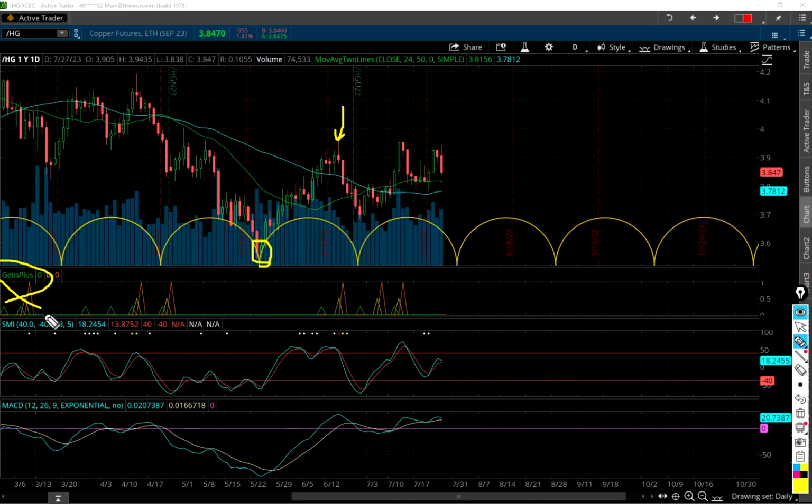In other words, whatever analysis you're doing out there, whatever you're trading, if it's not consistently reliable and repeatable, you need to toss it, because it's just distracting you. I just showed you a methodology with cycle analysis, candlesticks, the Get Us Plus indicator, and a whole lot more that's extremely reliable, over and over again. I happen to pick a product that's very cyclical. But anyway, I think you got the point.